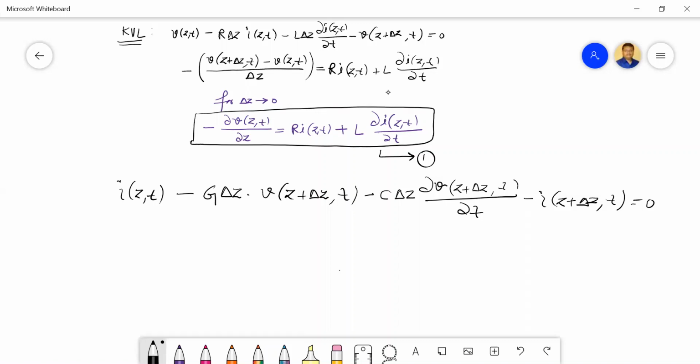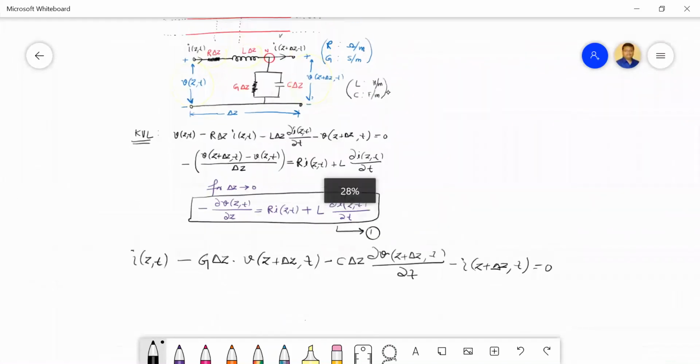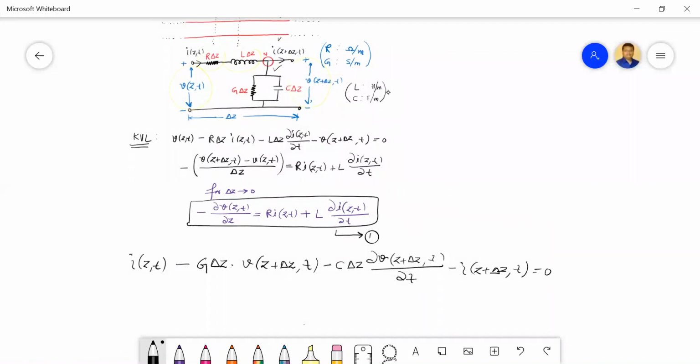Fine. So this is the KCL, if you check at node number N.